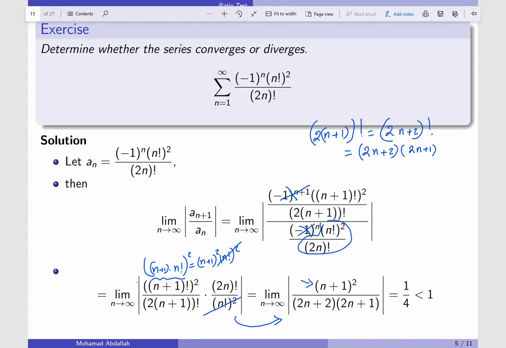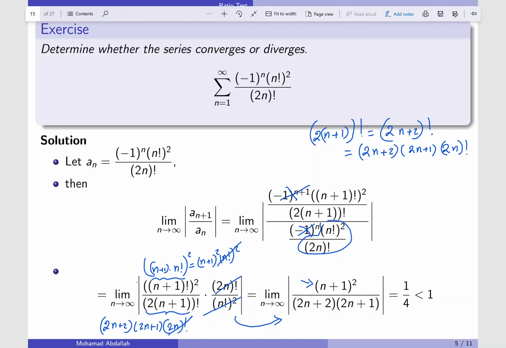The integer that comes before it is 2n, and then you keep going down, so this is (2n) factorial. That's why this guy right here can be written as (2n+2) multiplied by (2n+1) multiplied by (2n) factorial. So this cancels with this. So in the denominator, I'm left with (2n+2) times (2n+1).